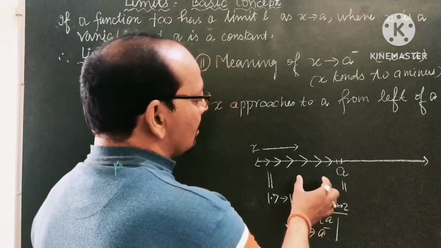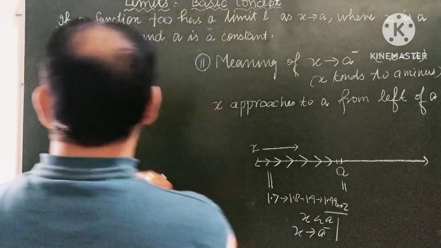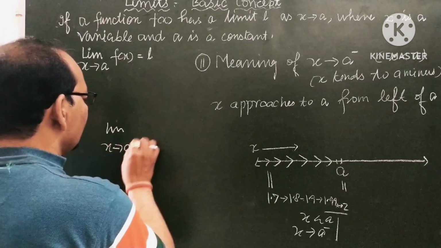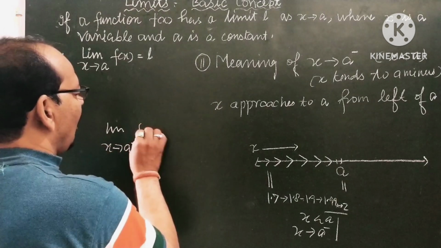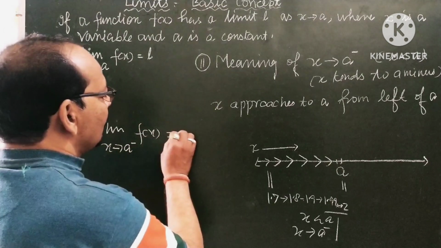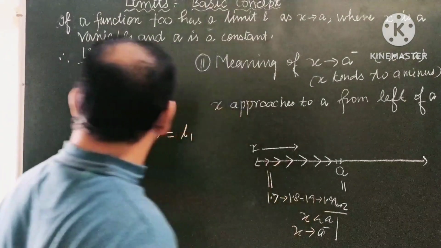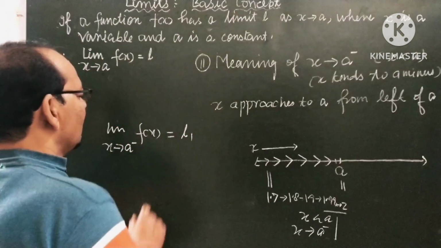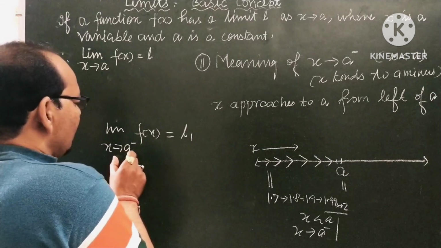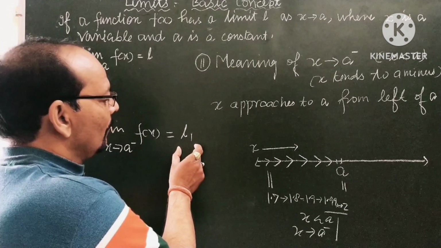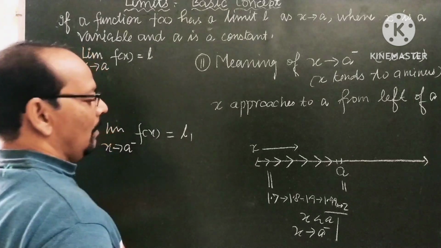And in this condition, we can write the limit of f(x) as x tends to a minus is equal to, let it be, L1. Clear?